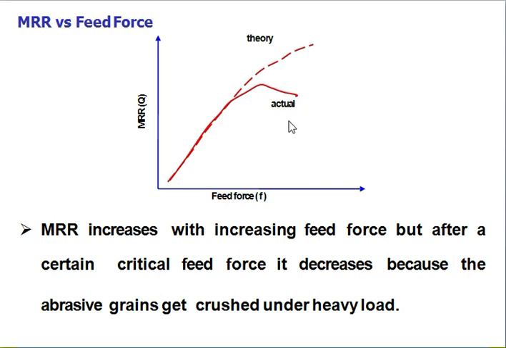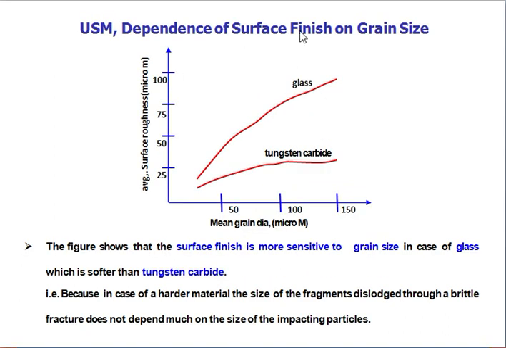Now we will have a look at how the surface finish in USM depends on grain size. You can see for tungsten carbide, as the mean grain diameter increases, the average surface roughness also increases. For glass also you can see the curve is increasing.